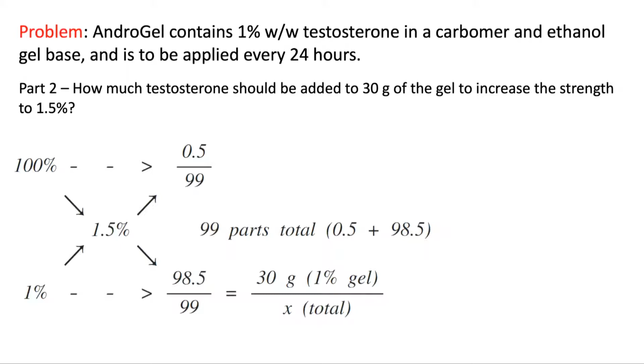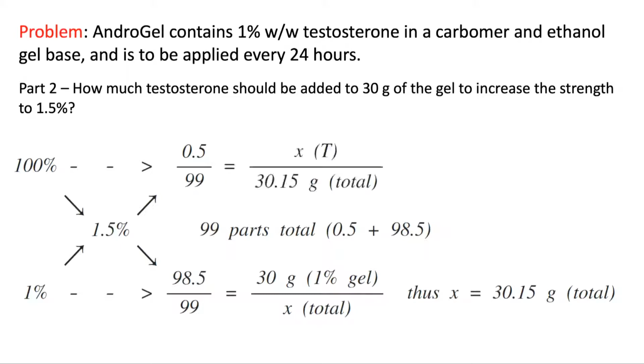So if I solve for X, doing the algebra, X would end up equaling 30.15 grams total. So the 30.15 grams represents the total weight of the combination of both the testosterone and the 30 grams of our gel that we started with.